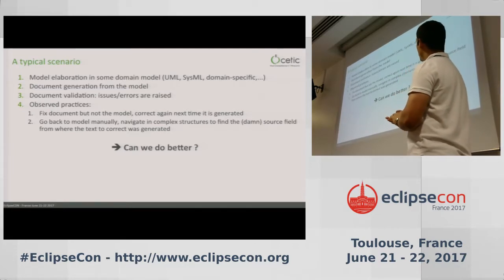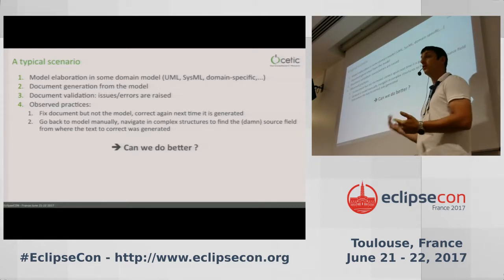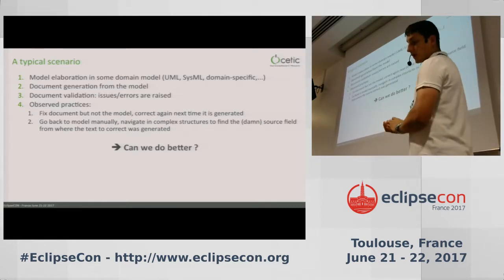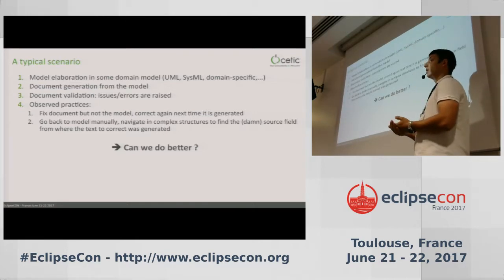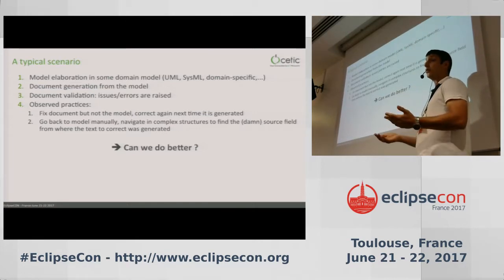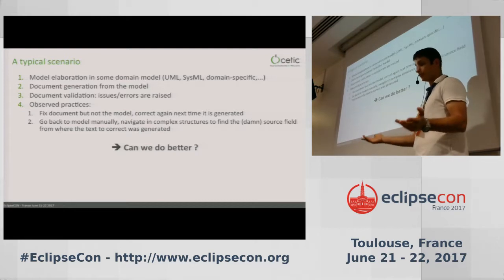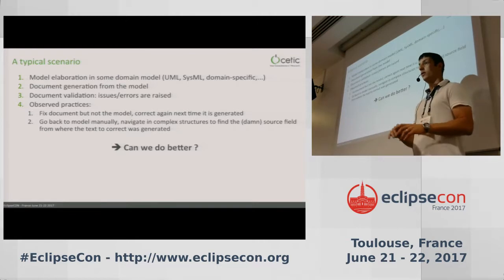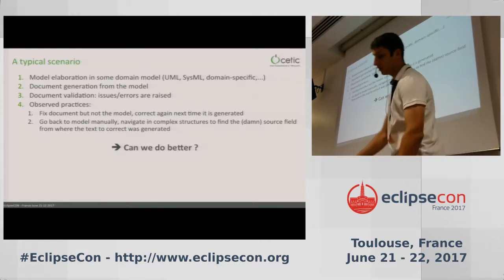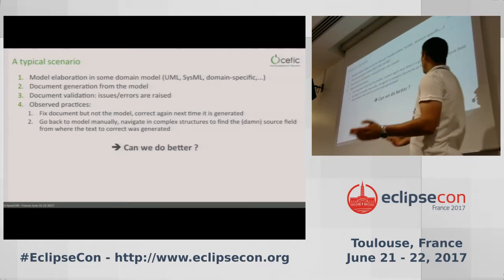Document validation raises issues and errors reported by the client, the customer, the end user. The observed practice is to fix the error in the document, but typically not in the model. And you need to go back manually into the model to make the change. The question is, can we do better?